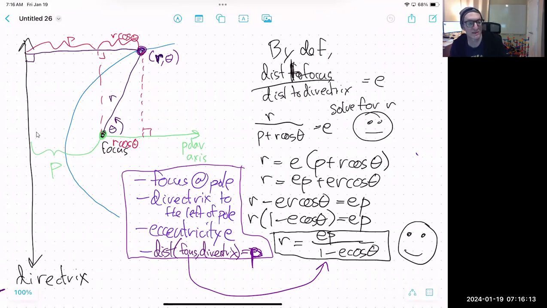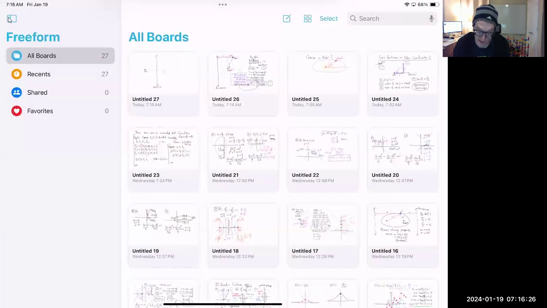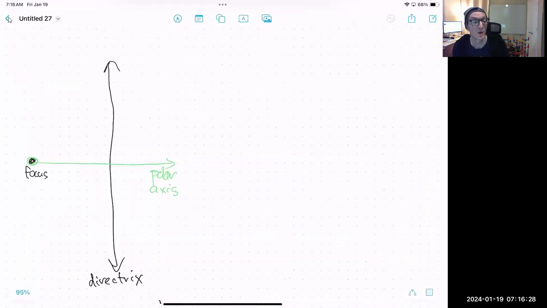The normal human thing to say is that the directrix is to the left of the pole, but more precisely, the polar axis is perpendicular to the directrix and the ray does not intersect it. The other figure is this one, where the focus is at the pole, the polar axis is perpendicular to the directrix, but now it intersects it.